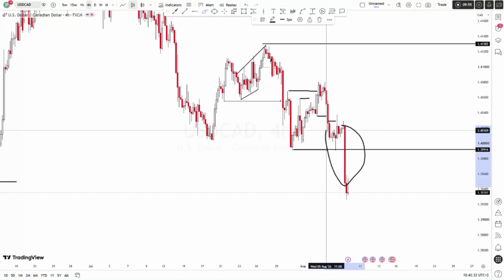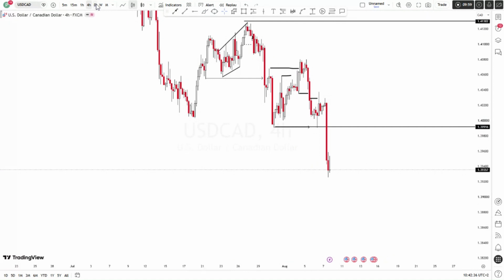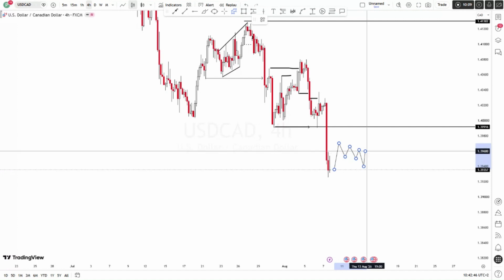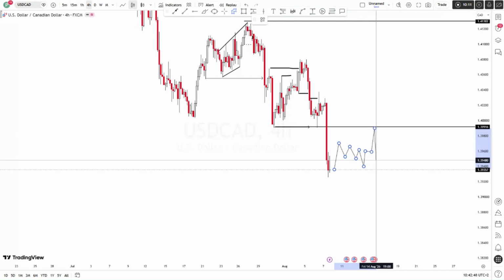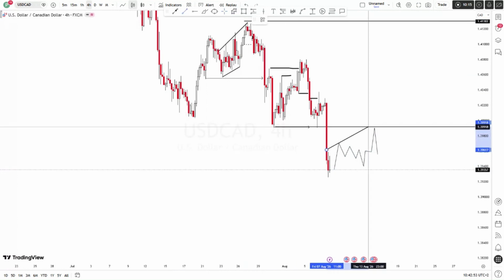But what can you say? This was NFP, we got the aggressive sell-off. So I'm looking to see whether price is going to continue with the momentum, right? My whole idea is just further development of a continuation. That's something that I'm more focused on, taking the beginning of that.